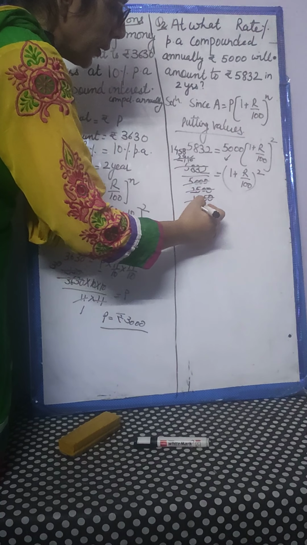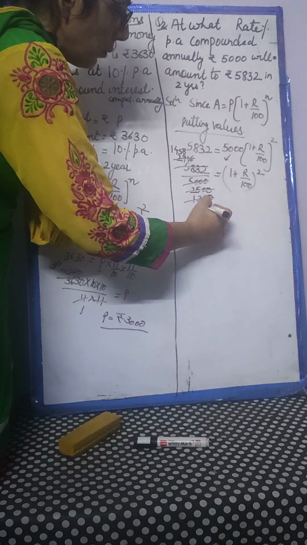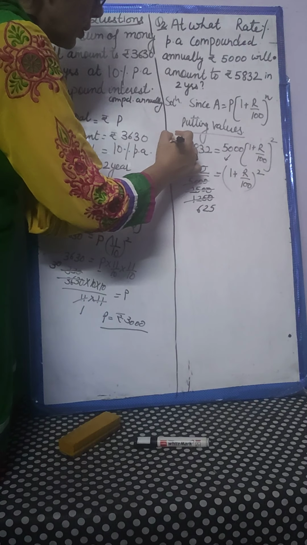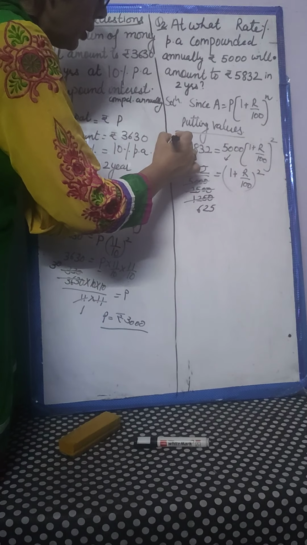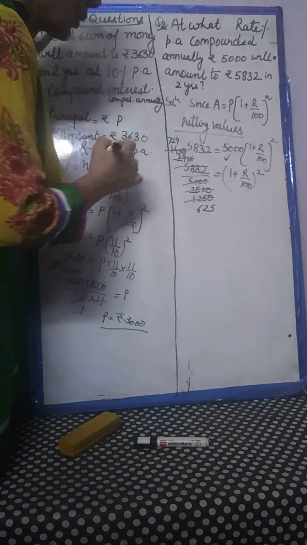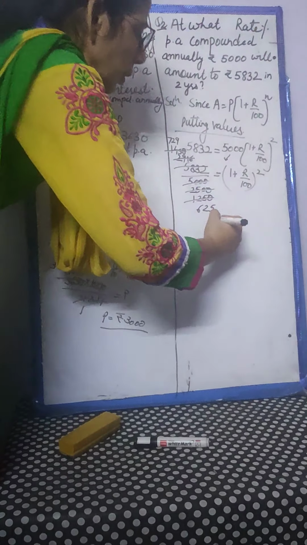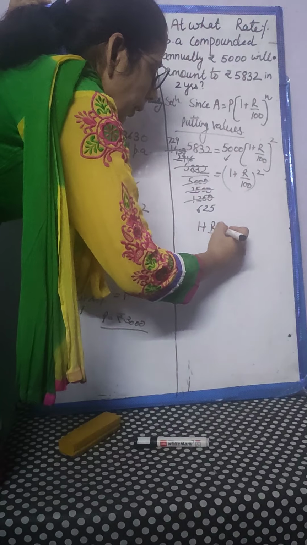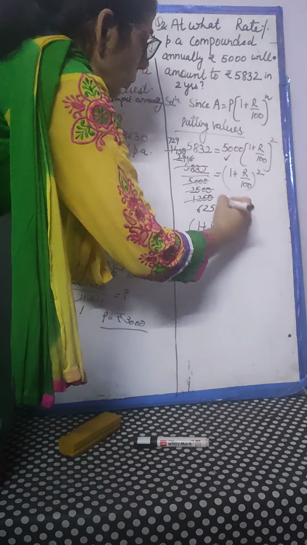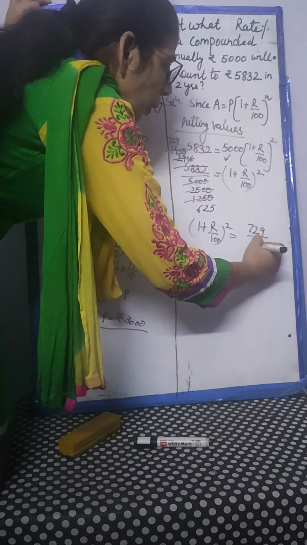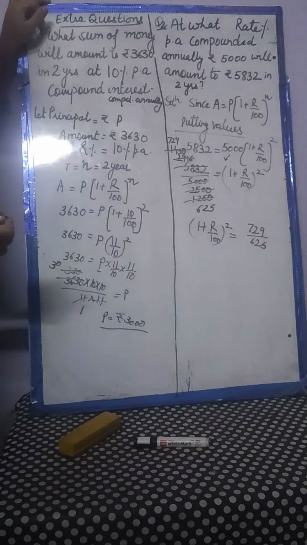Again cancelling. 2 6 the 12, 2 2s are 4, 2 5s the 10, 2 7s the 14, 2 2s are 4, 2 9s the 18. So what I have got? 1 plus r by 100 whole raised to power 2 is equal to 729 upon 625, right?